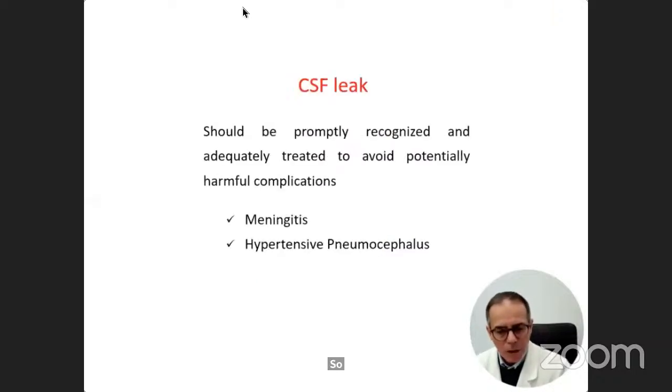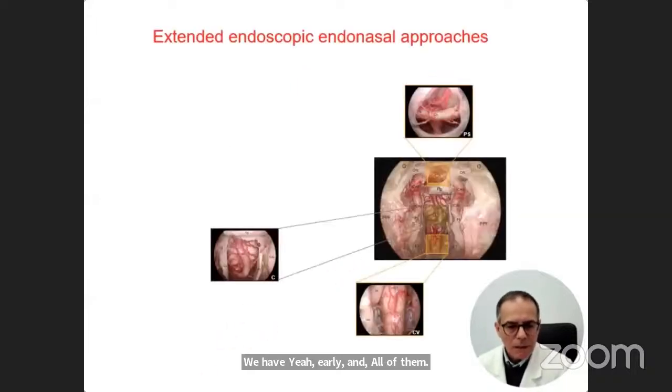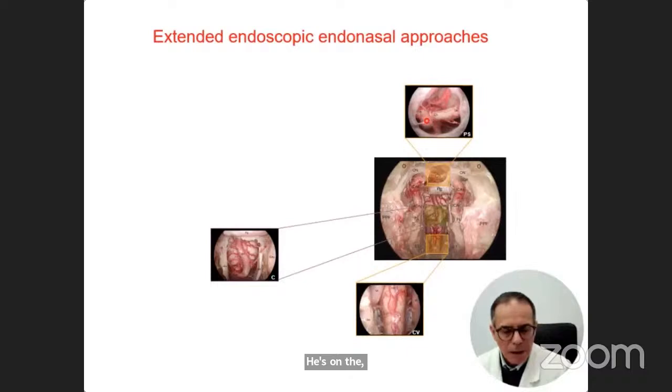We have to recognize early post-operative leaks because of the risk of meningitis or other damage. These are the extended approaches from the sellar area downward.